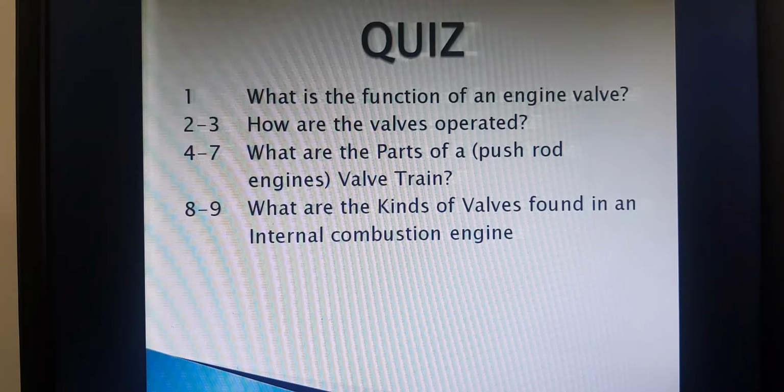Numbers 8 to 9, what are the kinds of valves found in an internal combustion engine? This is very simple. And number 10, what is a valve overlap? If you understand these things, please answer this quiz. If you don't understand, you can review the lesson again.